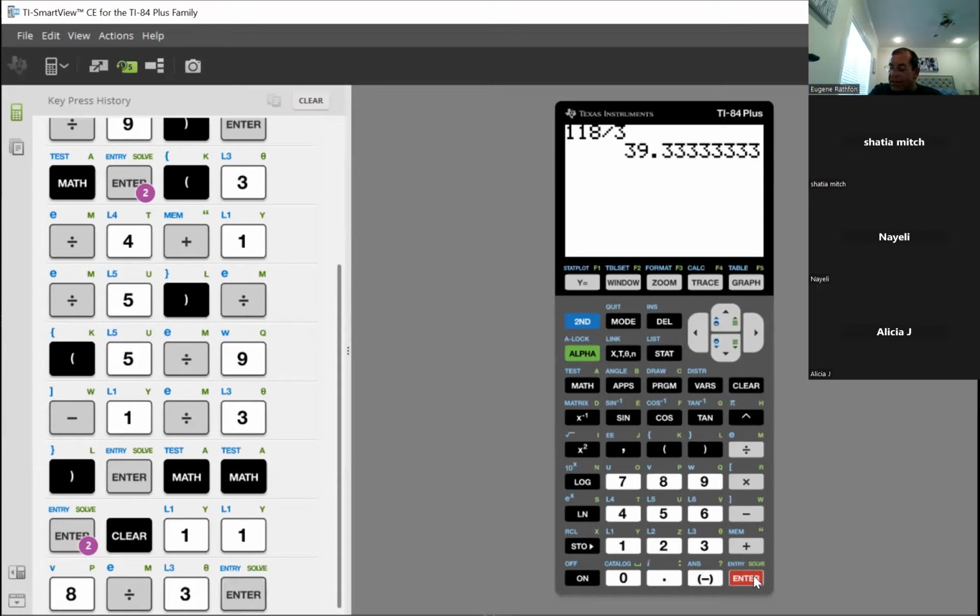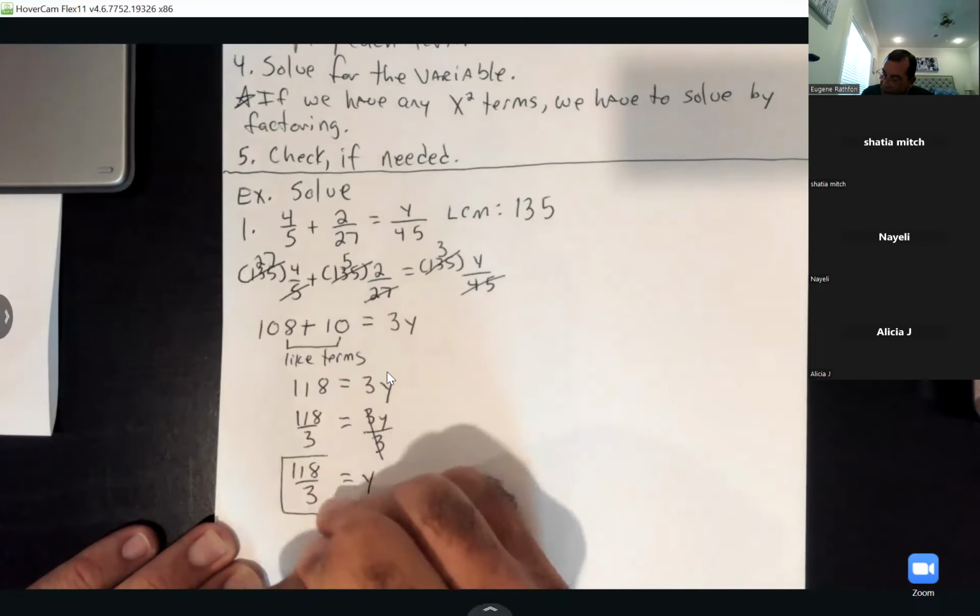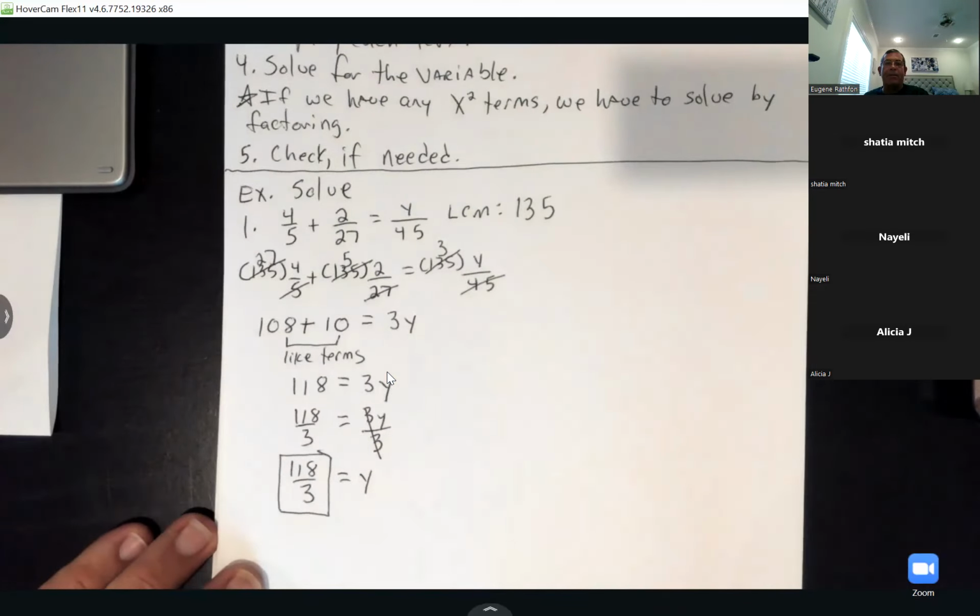That's going to give me a decimal, but I'm going to turn the decimal back into a fraction by hitting math and enter twice. And notice I still get 118 over 3, so that means that fraction does not reduce. So 118 over 3 would be our final answer.